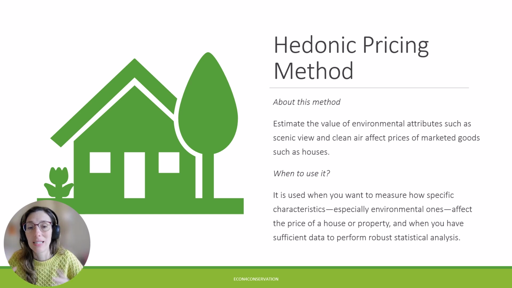So again, this is important to ensure your model captures the full variation in prices and characteristics. This method uses a statistical model, usually like a regression, to isolate the effect of each characteristic by controlling for other factors, so the analysis is robust only if it includes all relevant market data.